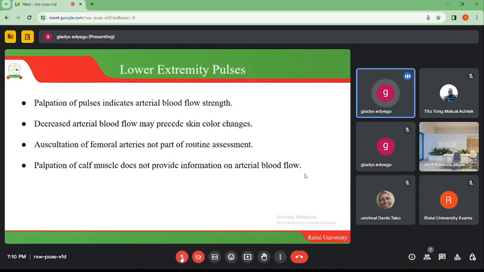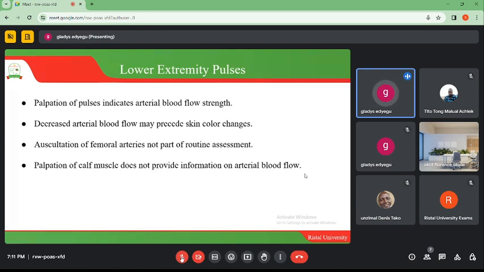Then lower extremity pulse, you also have to look at that, and then palpate the pulse. That may indicate arterial blood flow strength. Then in relation to extremity pulse, you have to look at it; the calf muscles do not provide information on arterial blood flow. So when you look at this, you are able to differentiate where the problem is and why your patient is either having cold, clammy skin, and why the extremities are maybe pale, what is causing all this and so forth.